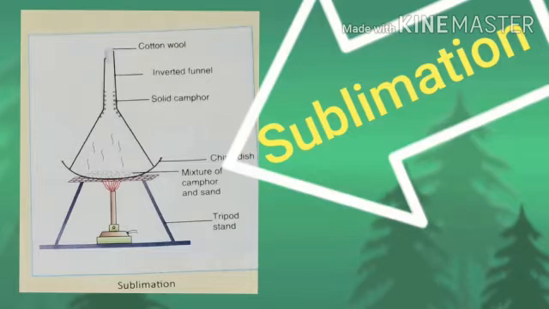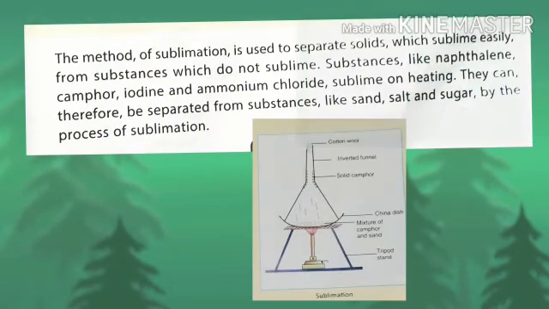Think about an example of ice. If you heat ice, it will convert into water and then into vapor. But in the sublimation process, a solid substance directly changes into a vapor. This method of sublimation is used to separate solids which sublime easily from substances which do not sublime.